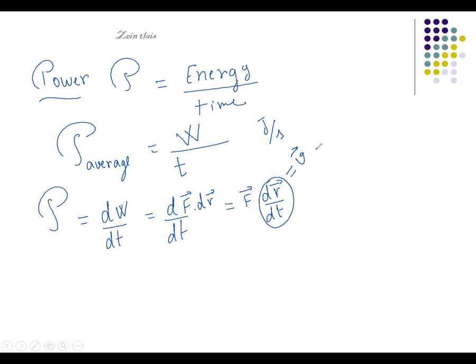And vx equals dx over dt, and vy equals dy over dt. So we can write F dot v. So we can take as a formula of the power, P equals F dot v.